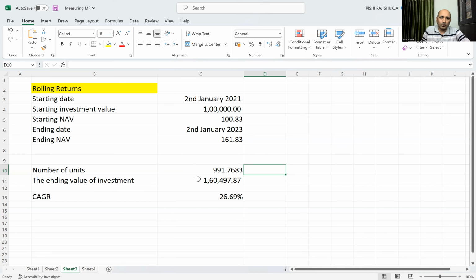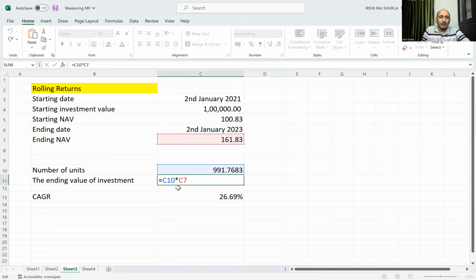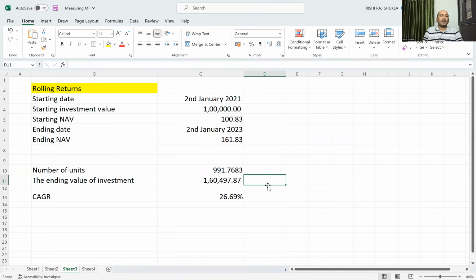So how much will this be? You know the number of allotted units and the ending NAV is this. If you multiply this, you will get the ending value of our investment. That is what we have done. This C10, the number of units, multiplied by the ending NAV. So we got the ending value of our investment.